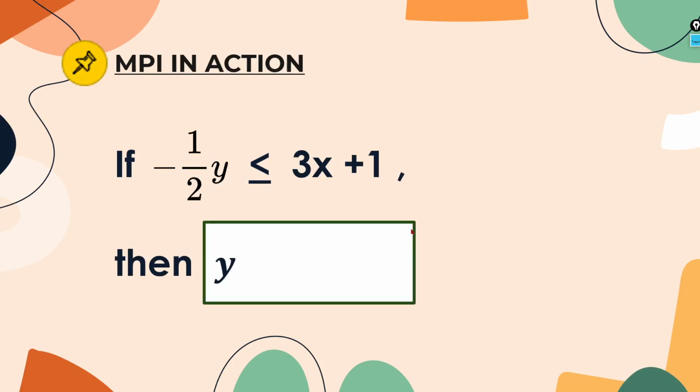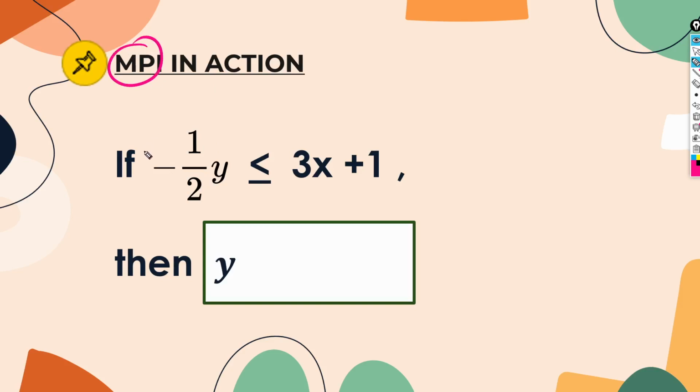Finally, if negative 1/2 y is less than or equal to 3x plus 1, then y blank. Pause muna, hit play when you're done. Right. So, tignan, from a negative 1/2 y, uy, naging y. What happened here? We must have multiplied both sides of the inequality by something.